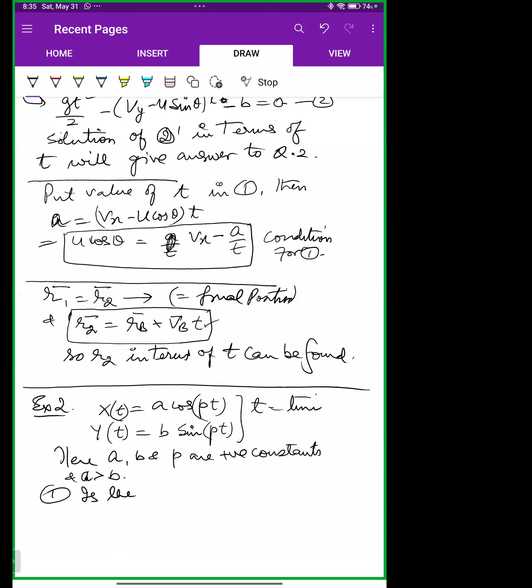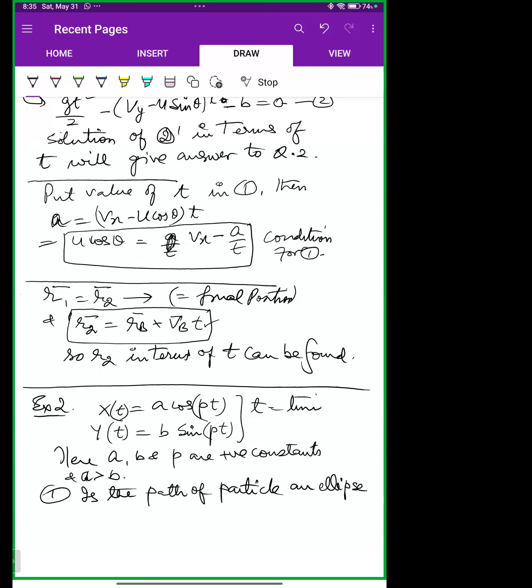Is the path of the particle an ellipse? You people have not studied ellipse so far, but I will tell you. We will do this question.